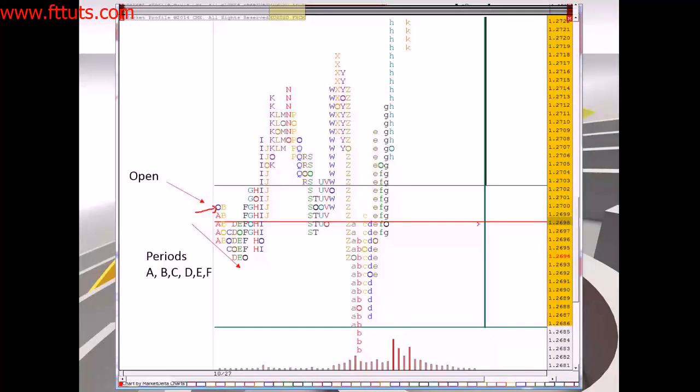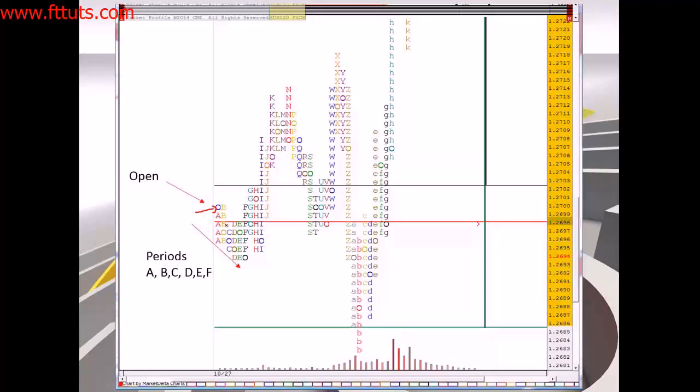If you follow those 30 minutes, you begin to think, well, maybe we're going to drop lower. But take a look at what happens in period E. Period E does not go lower and does not go higher. It really mimics exactly what happened in period D. And then what happens in period F? We open here at the low, and then it pops back up again.